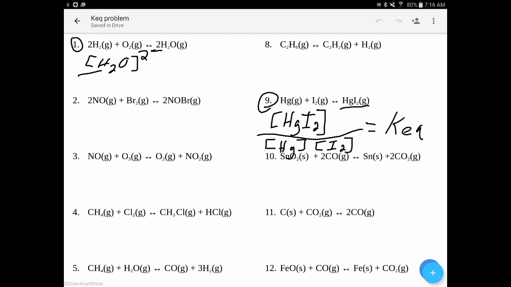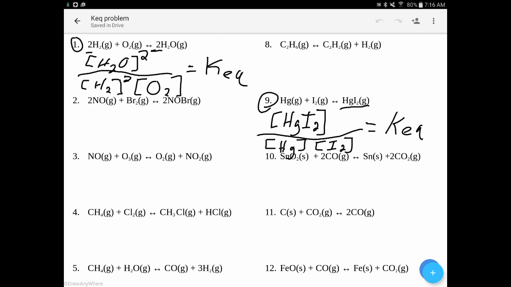Okay, so now we do our reactants, H2, and then the coefficient of H2 is 2, again, so we put that as the exponent, and then O2, concentration of O2, and then that does not have a coefficient, so we just leave that, and that equals KEQ.